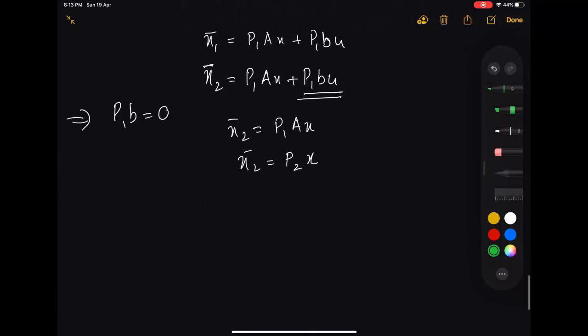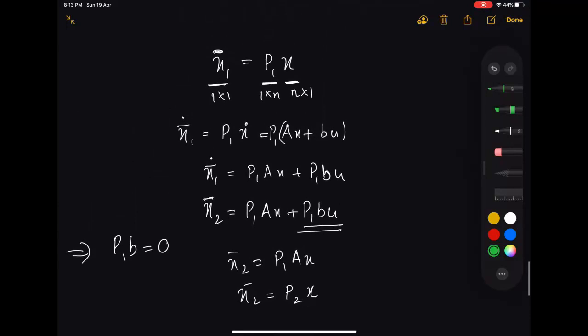Right. So you get two conclusions from this simple mathematics that you have done here.